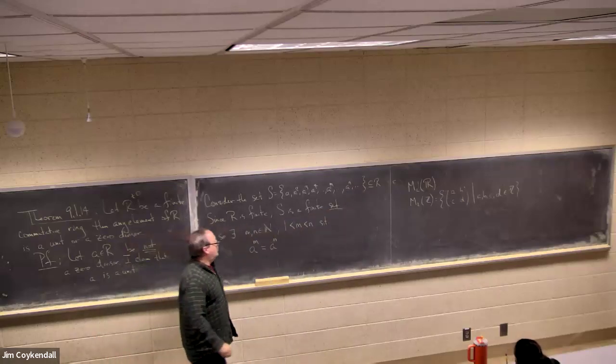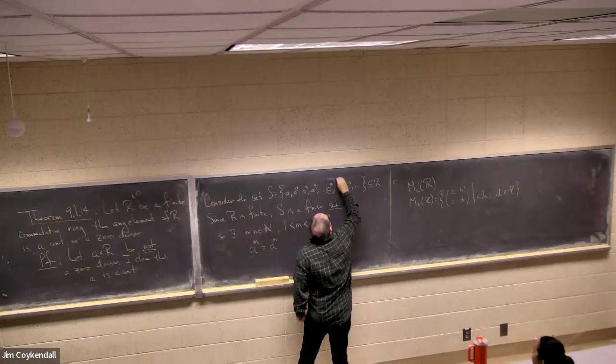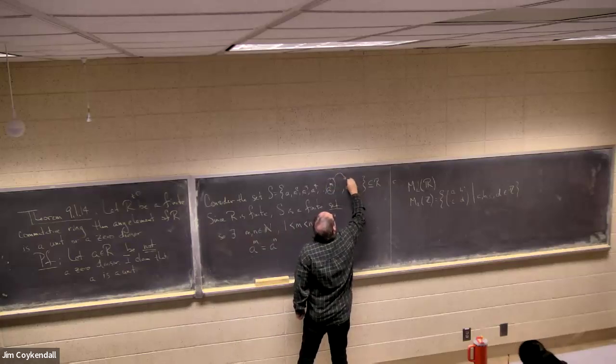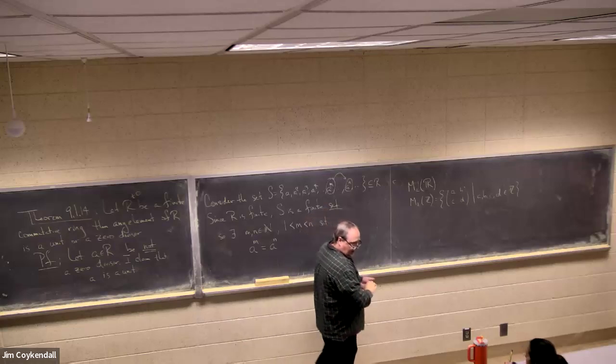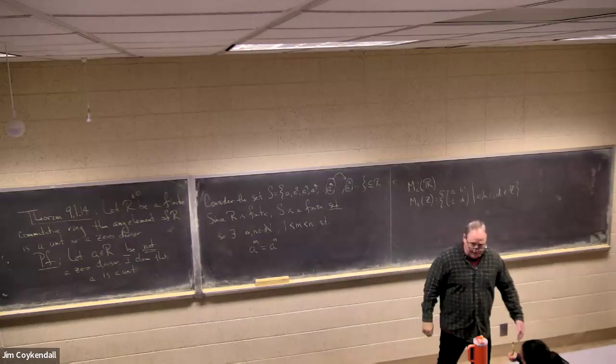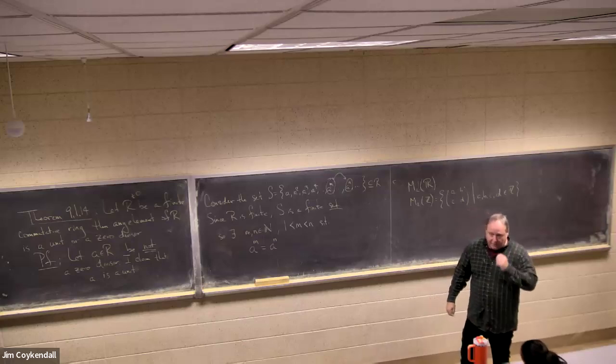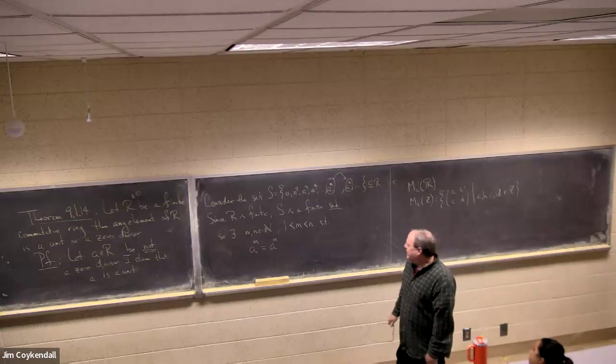You have to hit some point, a to the m, where you can repeat later at a to the n. Otherwise, if there's no repetitions, then that has to form an infinite set. Am I okay with that?